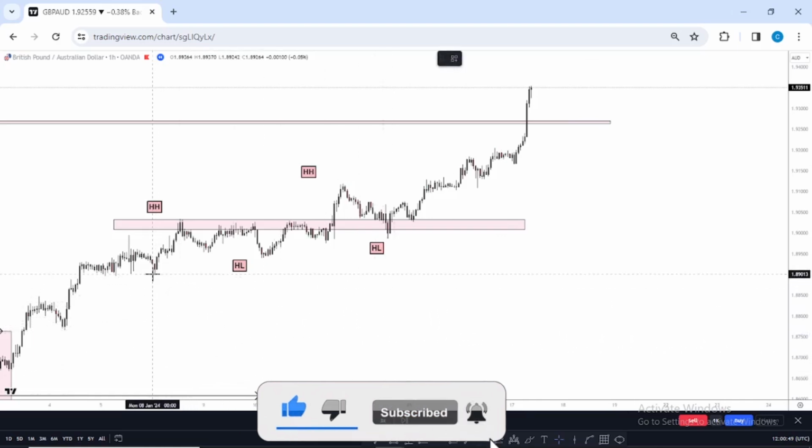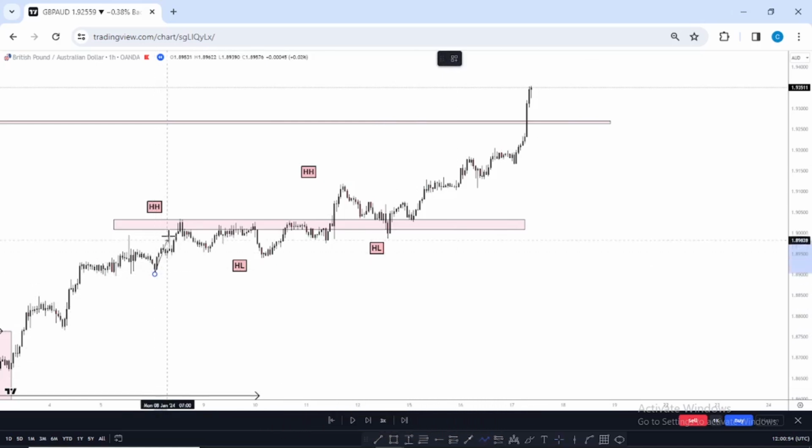So let's identify our H1 market structure. So you have this higher low, a higher high, a low, a high, a low, a high, a higher low, and a higher high. All right, so on the H1, this higher low led to the formation of this higher high. You get me? So now we've also identified that H1 is also bullish, not bearish.